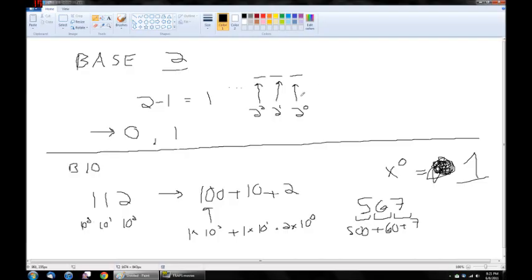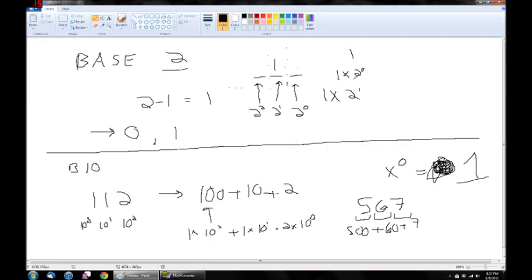That means the largest number you can represent with the first digit is 1. Which is, if you have a 1 in this position, it's 1 times 2 to the 0. Now, if you're looking at the second digit right here, the largest number we can display with only the second digit is 2, because it's 1 times 2 to the first.